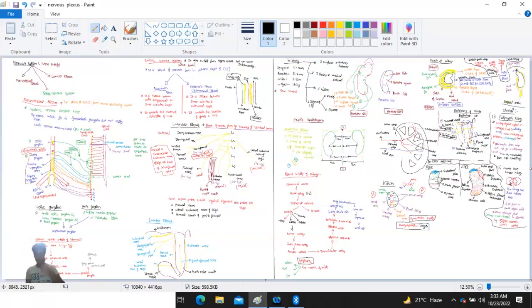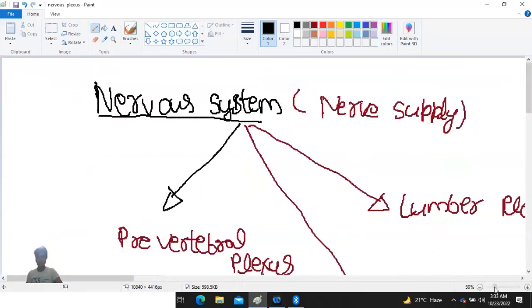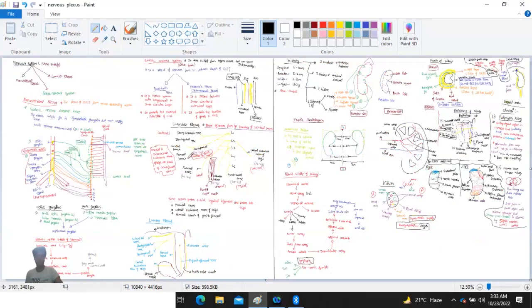Now we come to the ureter. These are the notes of the previous lecture.